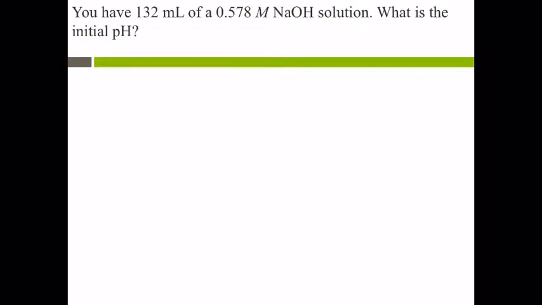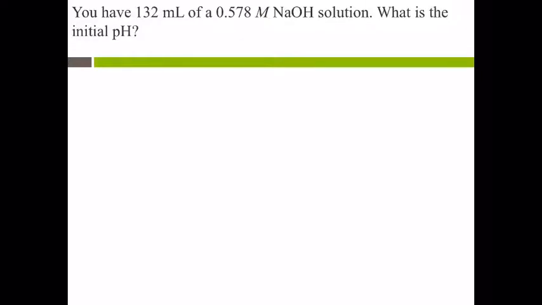Now let's do a little bit more of a complicated problem like you guys had in your pre-lab material. Go ahead and take a minute and pause, see if you can start this problem. If we have 132 milliliters of a 0.578 molar sodium hydroxide solution, what is the initial pH?